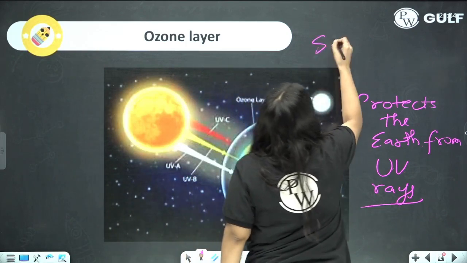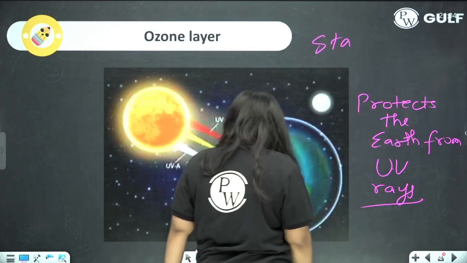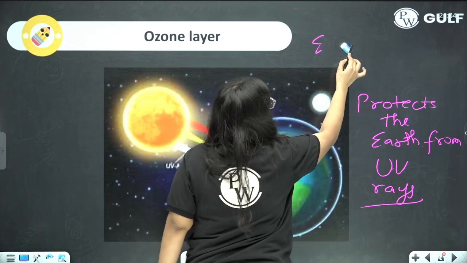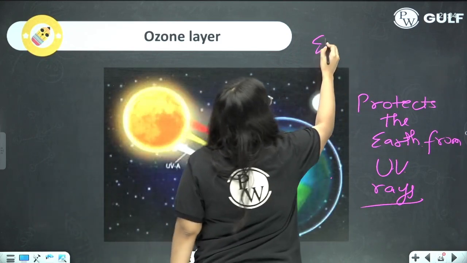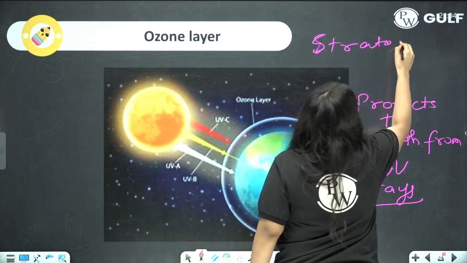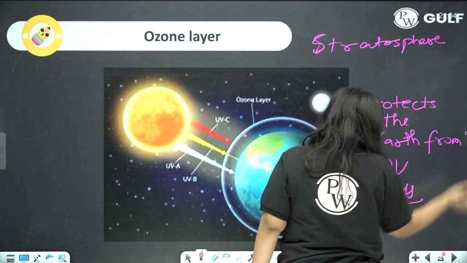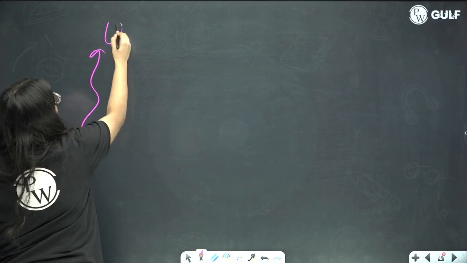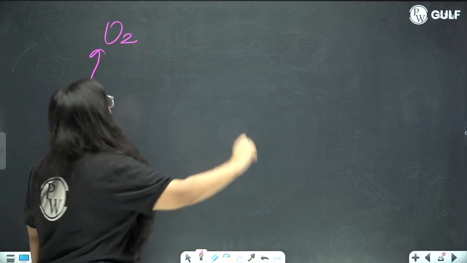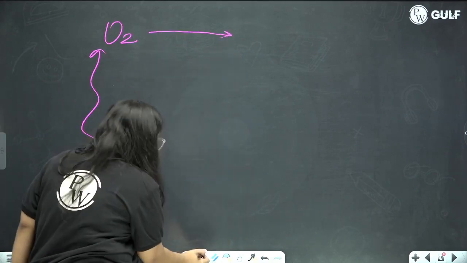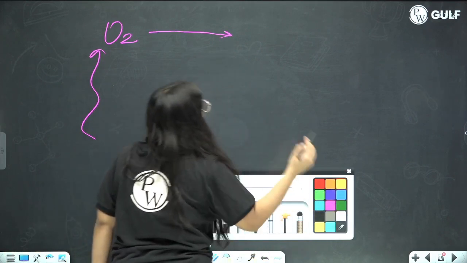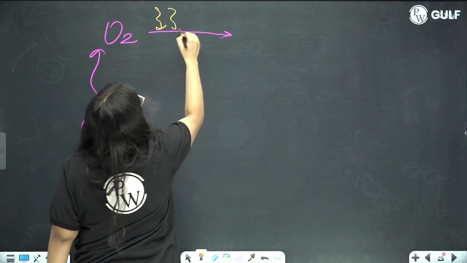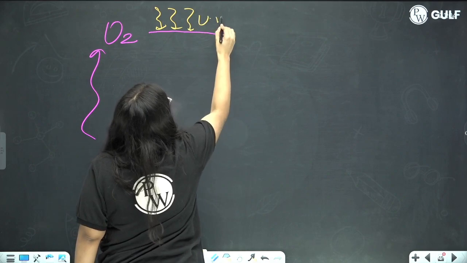Above the atmosphere, very high, there is another layer, and this layer is known as the stratosphere. On the stratosphere, we have a lot of oxygen. But at this level, they receive a lot of sun rays. Along with that, they also receive a lot of UV radiations.